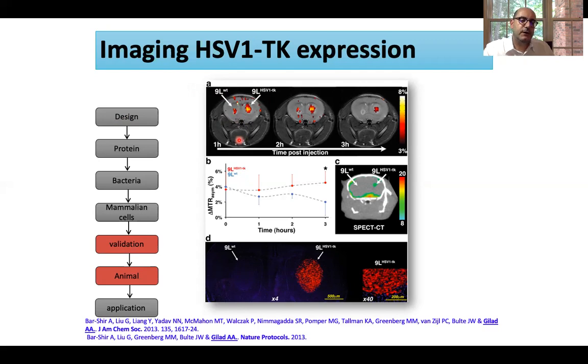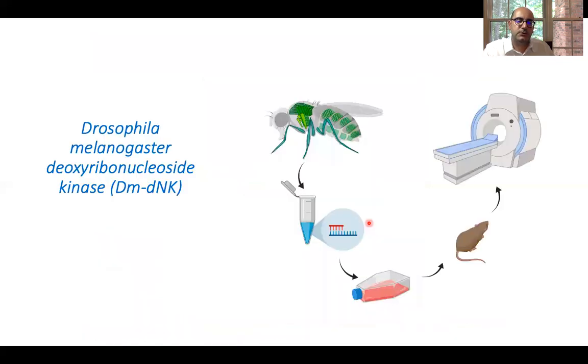And this is due to extravasation of the probe from the leaky blood vessels in the tumor. But with time, it is washed out of the tumor and it stays only in the cells where the HSV-TK phosphorylates the imaging probe. And we validated it with the help of Sridhar Nimmagadda, with SPECT-CT and histology.